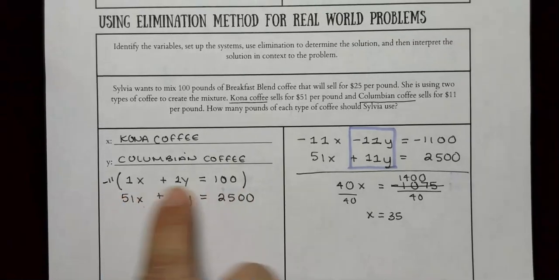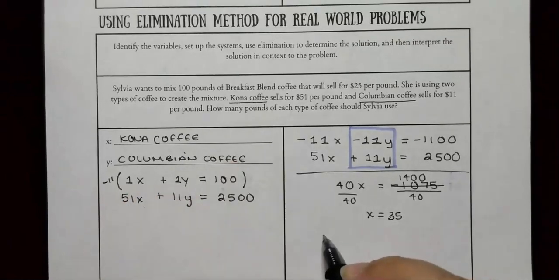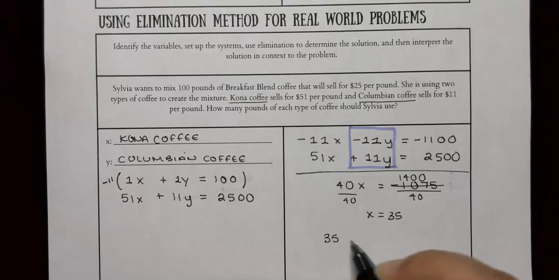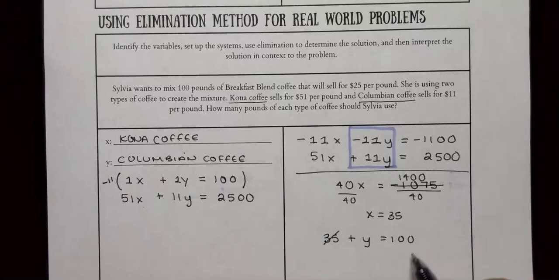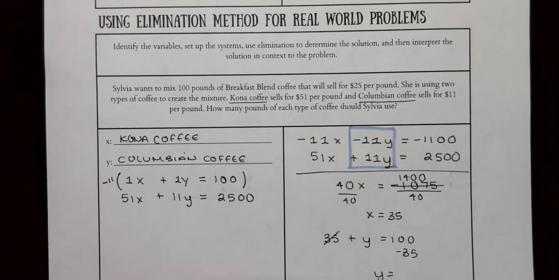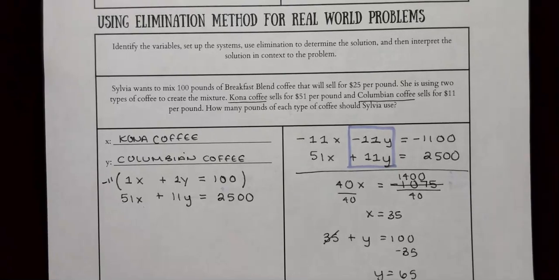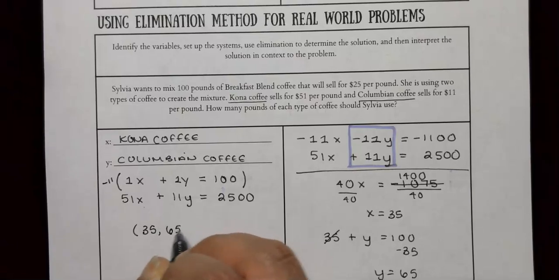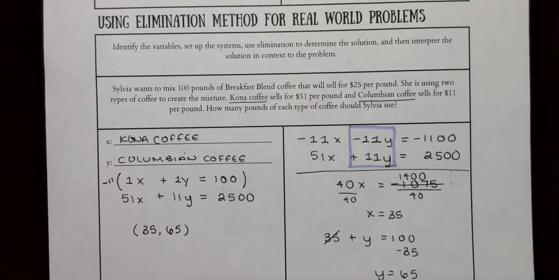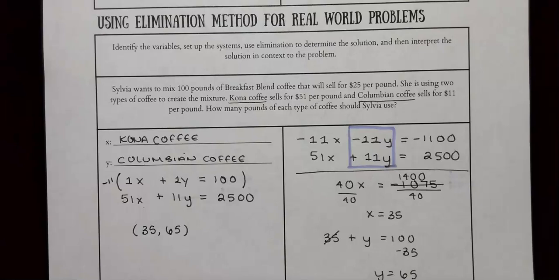So we're going to take the original equation and we're going to say 35 for x plus y is equal to 100. If I subtract 35 from both sides, we get 65. And so our answer, I'm going to put it over here, is 35, 65. But please remember, you have to write it in context to this question. So it's 35 pounds of Kona coffee and 65 pounds of Colombian coffee.